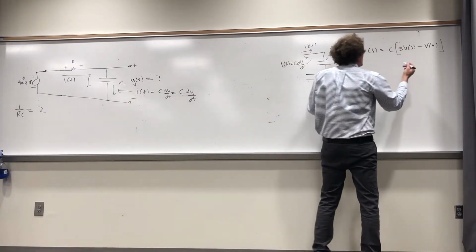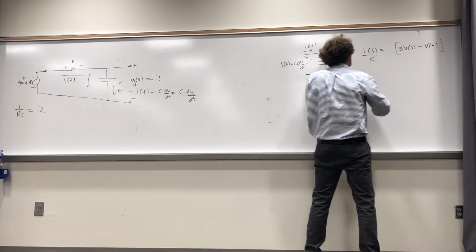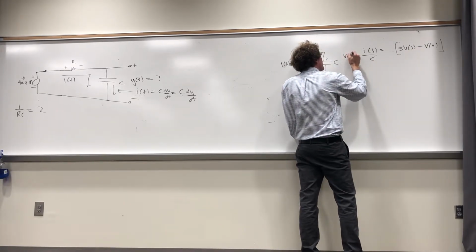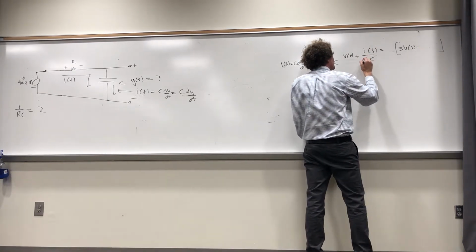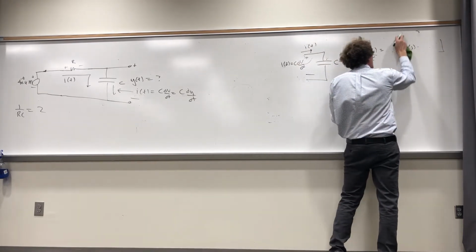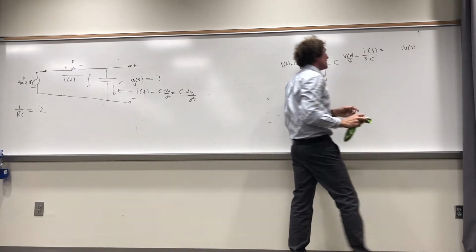Now, I'll divide by C first. Then I'll take V0 to this side. Takes that out. And then I divide by s. And now I have, you've got it on your paper. I'm working it one more time. So I have sV of s.